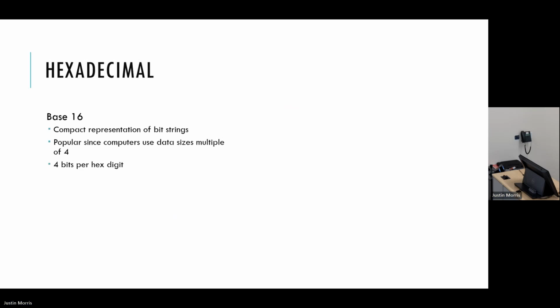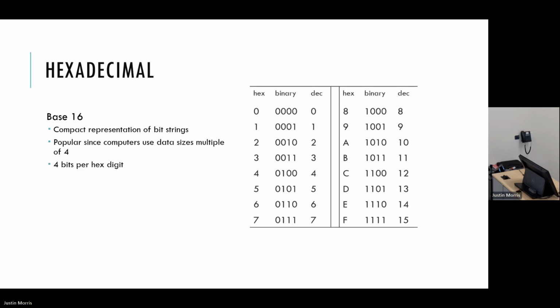So we have a more compact representation, and this is also very convenient because a lot of computers will use data sizes that are multiples of 4. And because of that, we can just pack 4 bits together to make a hex digit. So here is our hex alphabet.